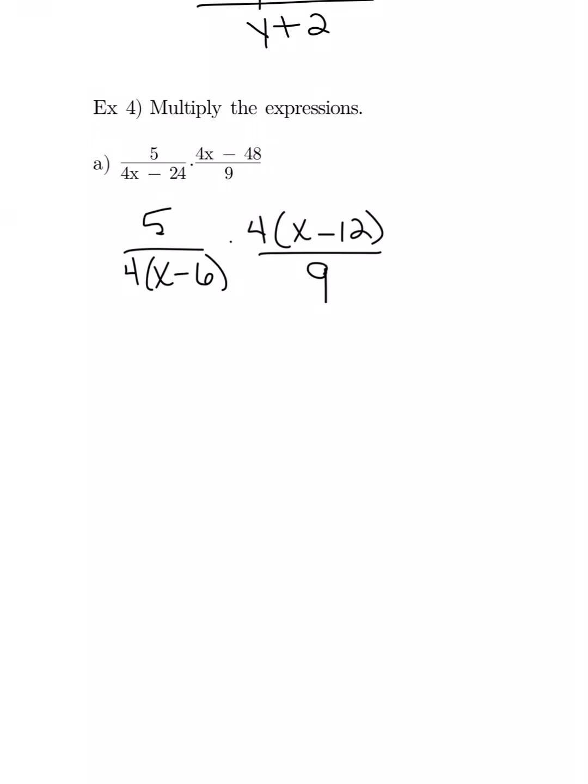We have a 4 in the numerator and a 4 in the denominator. 4 over 4 equals 1. Nothing else is exactly the same and can be simplified as a 1. So our final answer would be 5 times the quantity x minus 12 over 9 times the quantity x minus 6.